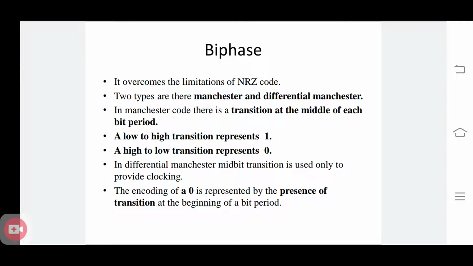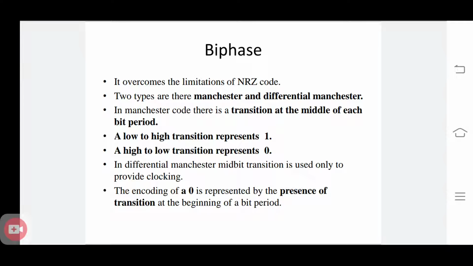In both, there is a transition at the middle of each bit. In Manchester encoding, a low to high transition represents 1, and a high to low transition represents a 0.